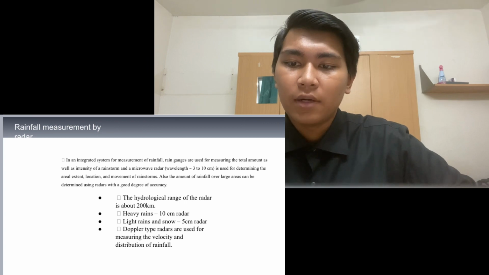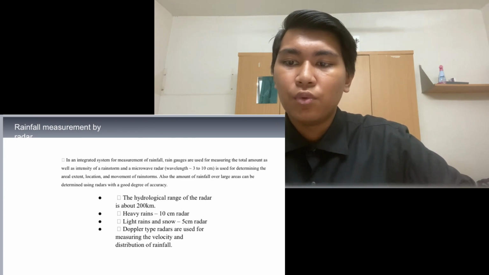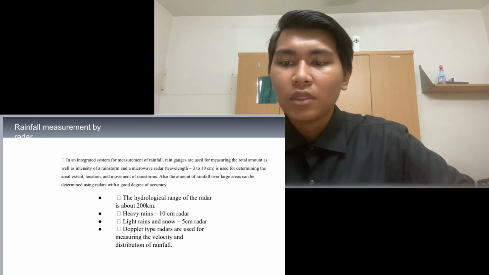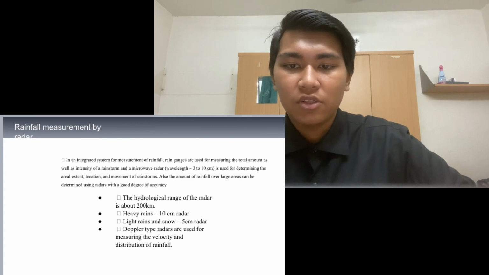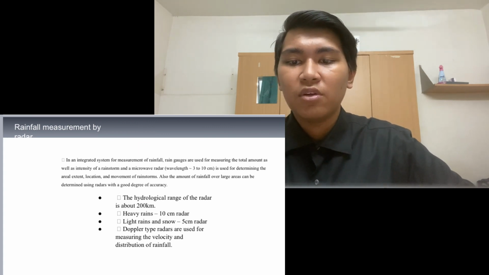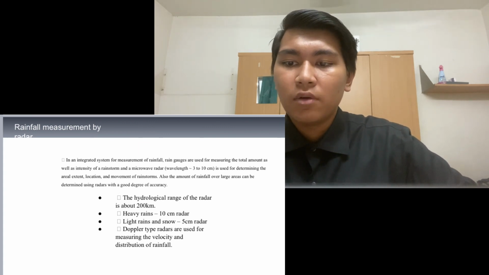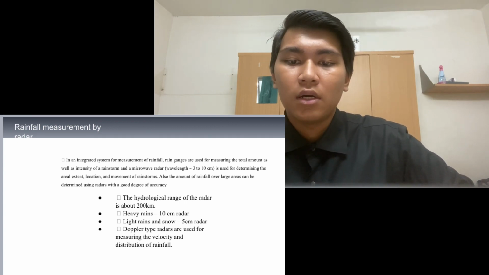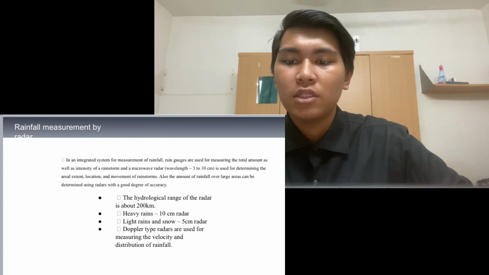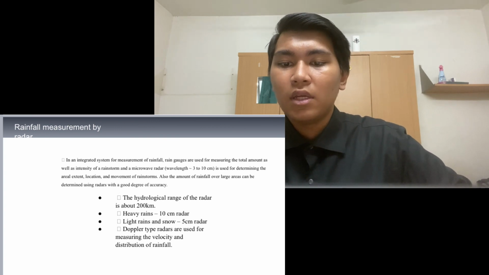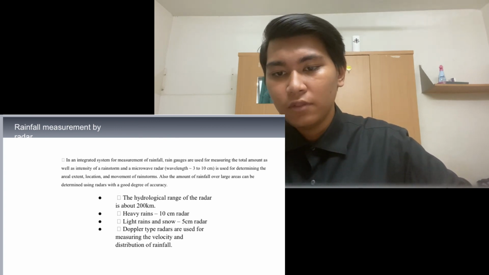And microwave radar, wavelength 3 to 10 centimeters, is used for determining the areal extent, location, and movement of rainstorms. Also, the amount of rainfall over a large area can be determined using radars with a good degree of accuracy. The hydrological range of the radar is about 200 km.